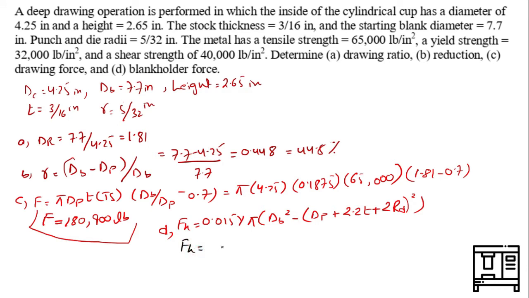So we can put in the values here. We have 0.015 into Y, the value of the yield strength is 32,000 pounds per square inch, into pi into dB square, that is 7.7 square, minus 4.25 plus 2.2 into the stock thickness, that is 0.1875, plus 2 into the corner radii, that is 5 by 32 inches.